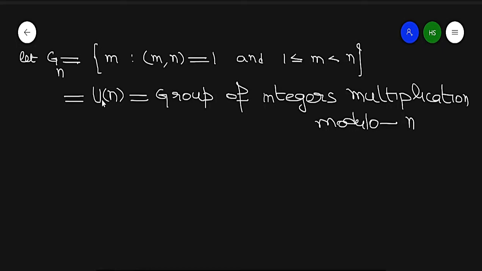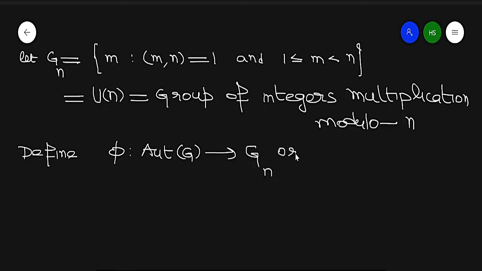Now, to prove this, define a mapping phi from the automorphism of G to this Gn, which we can also write as U of n.